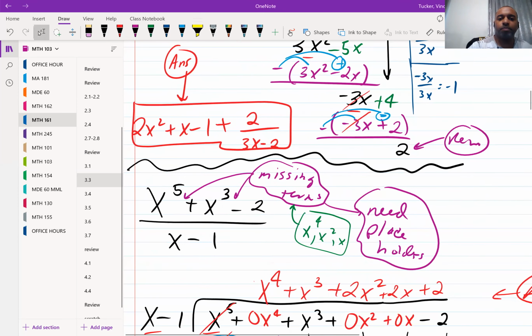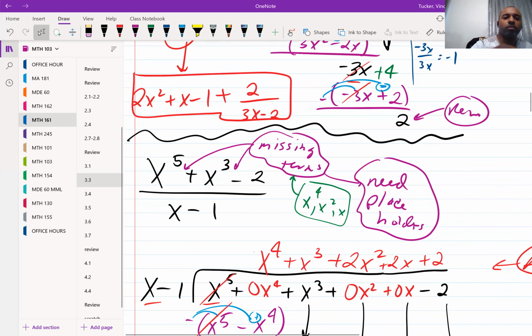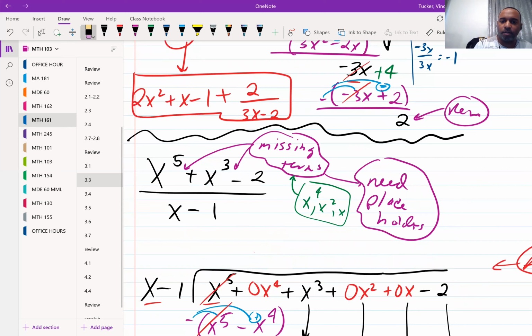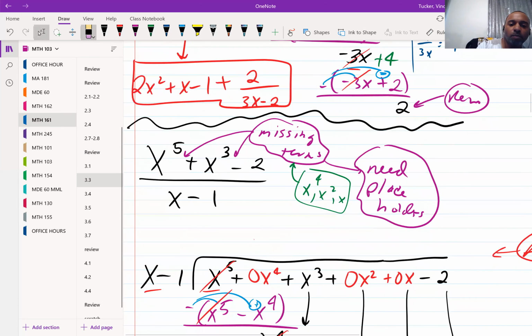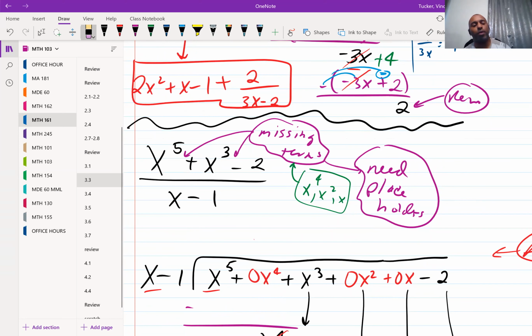Now this next one, notice that we have x to the 5th plus x cubed minus 2, over x minus 1. So what we're going to do here is use some placeholders for the missing terms.